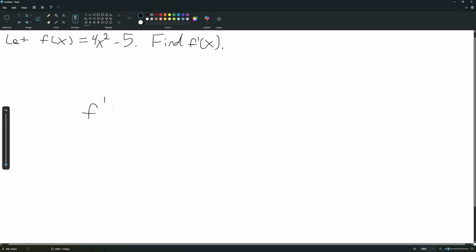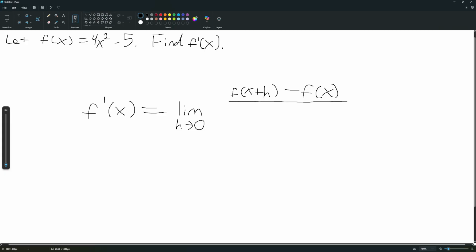Let me write it big. F prime of x equals the limit as h approaches 0 of f of x plus h minus f of x, over h.